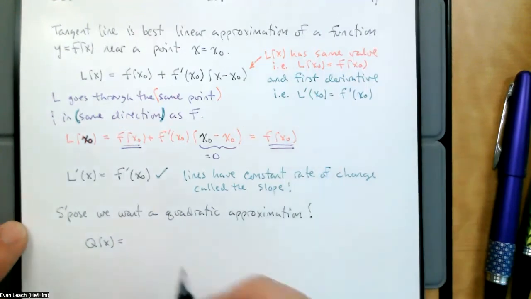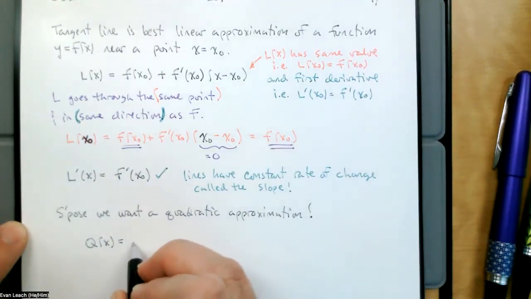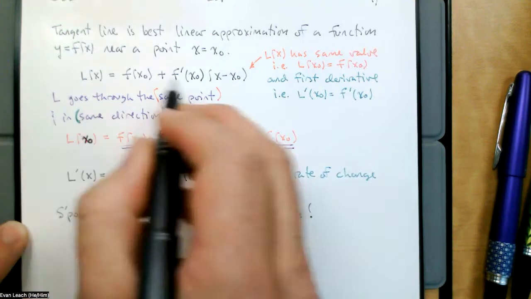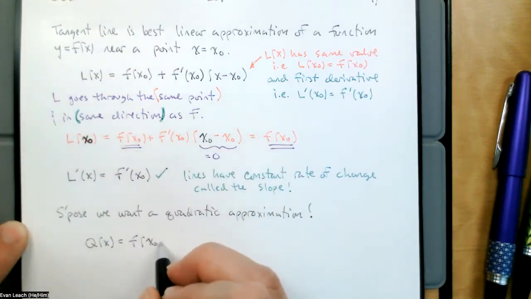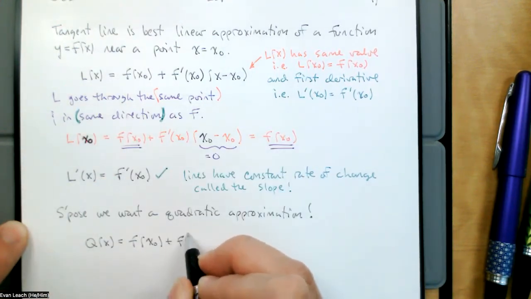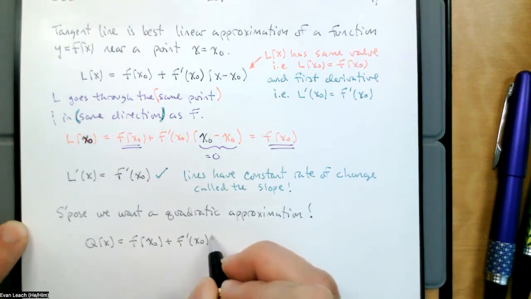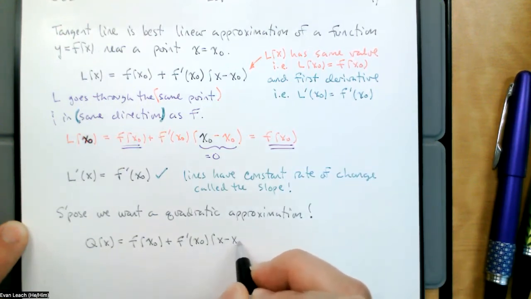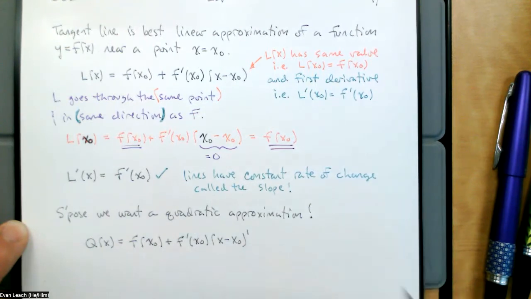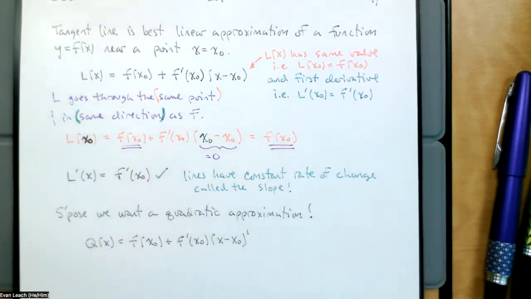So q of x, the first two terms are going to be the L of x. We saw that these two terms will make the linear function agree with the function in value and in first derivative.